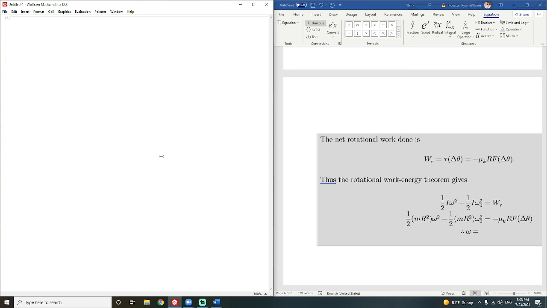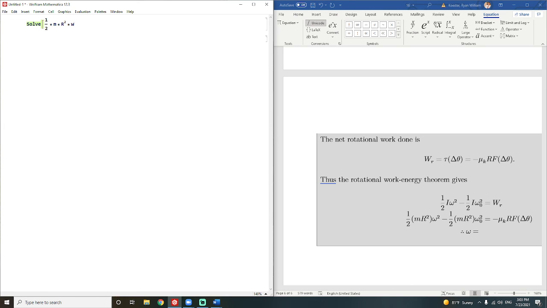Okay, so I want Mathematica to solve 1/2 times m times r squared times omega squared minus 1/2 times m times r squared times omega naught squared equals mu k R F delta theta. Okay, we're going to improvise.